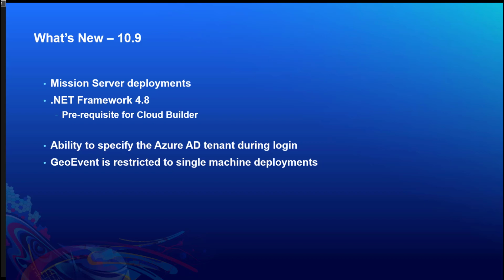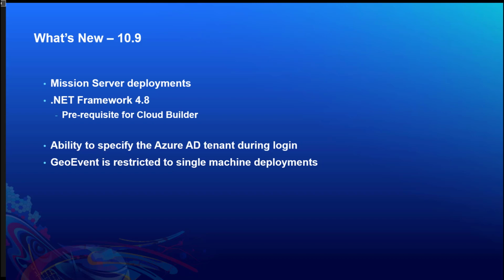Some additional features we added include that you can now specify the Azure Active Directory tenant to which you are logging in. In previous releases, Cloud Builder would auto sign you into the default directory, which is typically your enterprise Azure Active Directory, and did not afford customers the ability to pick a different domain without jumping through some hoops.